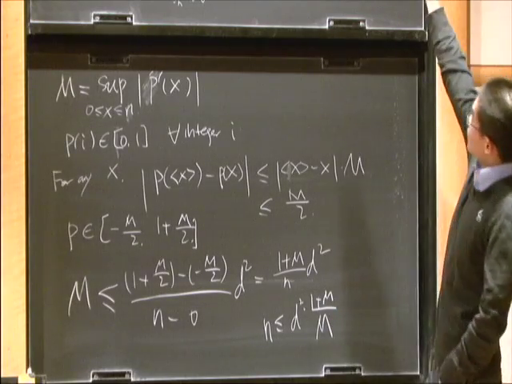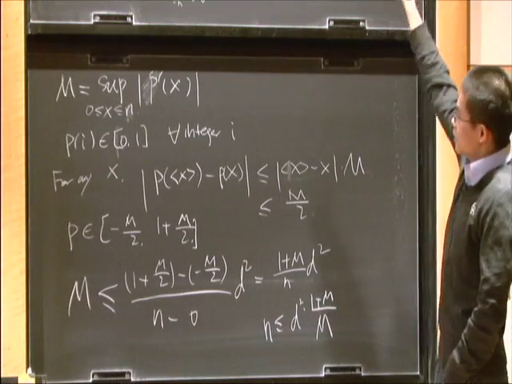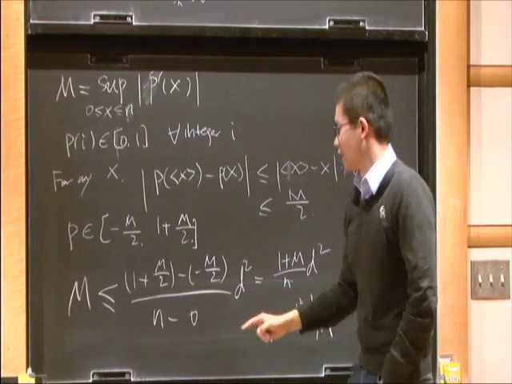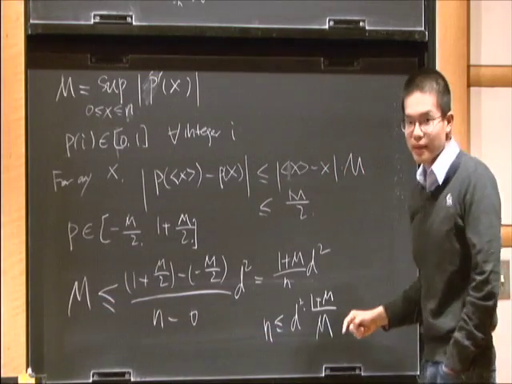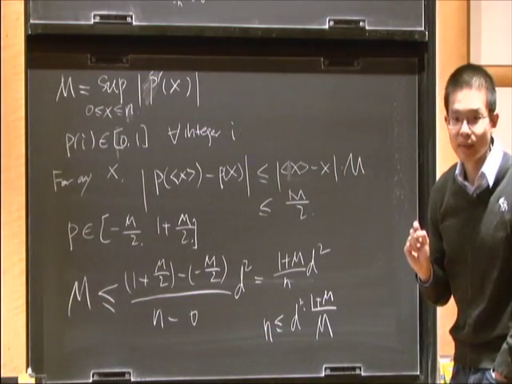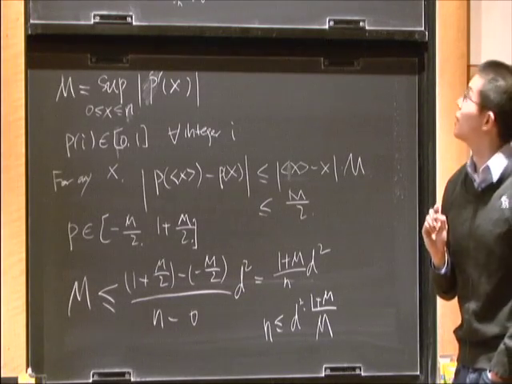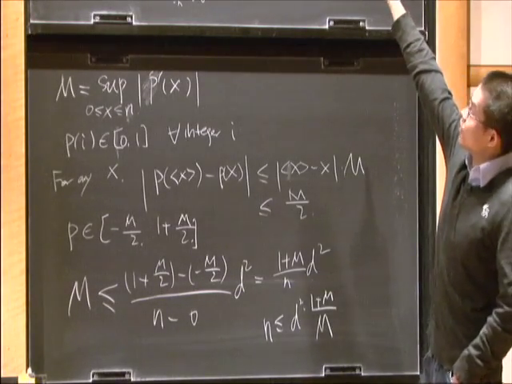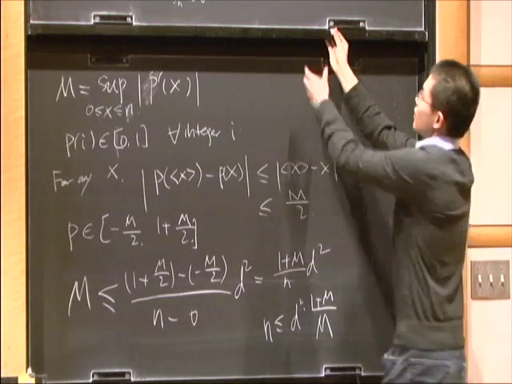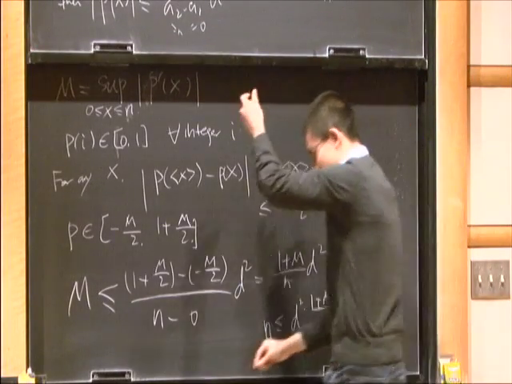But we know there exists some s such that the first derivative is greater than or equal to 1. So m is greater than or equal to 1. Because we know p of 0 is 0, p of 1 is equal to 1.